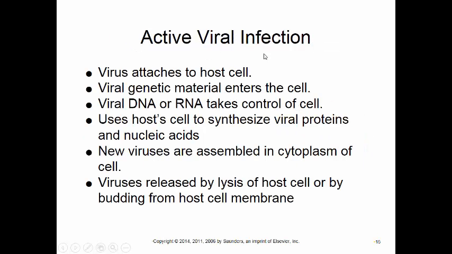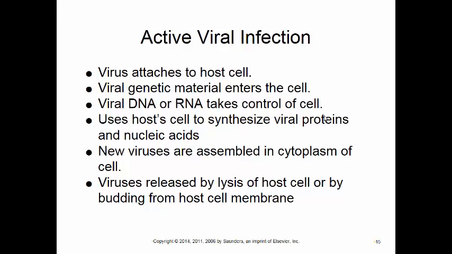So, viral infection. The virus attaches to the host cell, and the viral genetic material enters the cell. The DNA or RNA hijacks the cell and takes over its machinery and control of the cell. The viral DNA or viral RNA uses the host cell to make the proteins and nucleic acids to build more viruses.